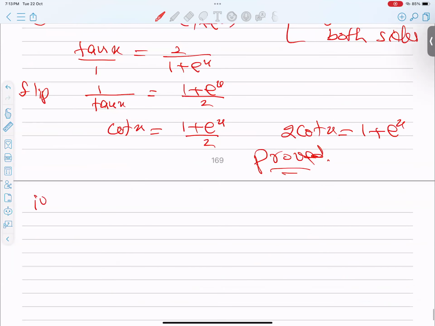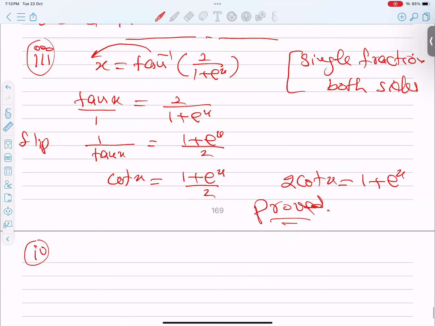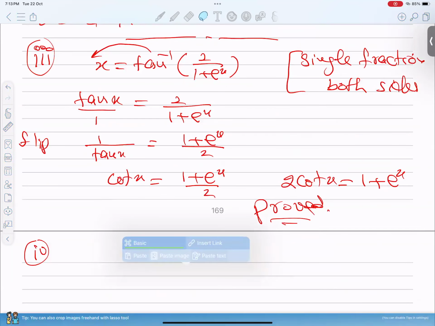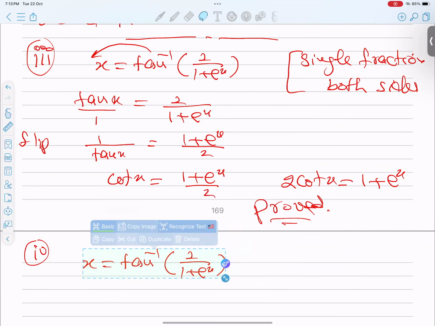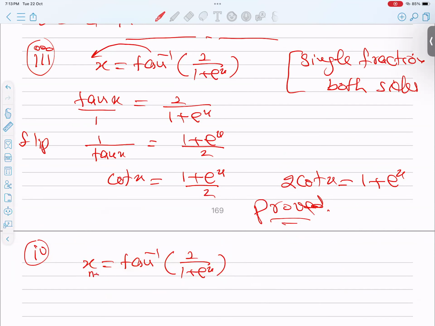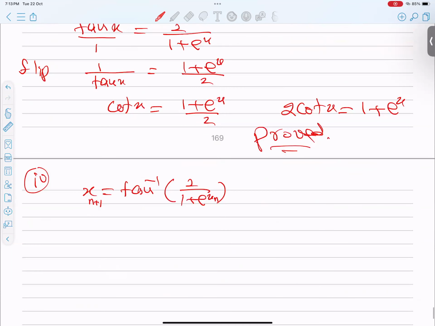Part number 4. Part number 4 is what, students? Wait a minute, I will just paste it because I already have it available. I write subscript n plus 1, and here I write small n. Now, first of all, I will plug in n as 1. So 1 plus 1, I get 2, and tan inverse of 2 over 1 plus e to power x1.